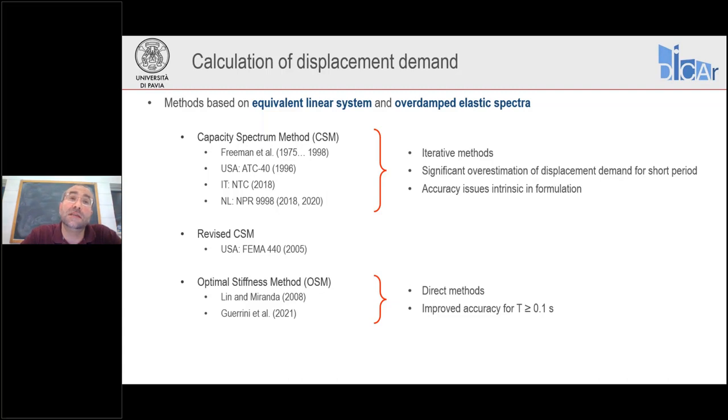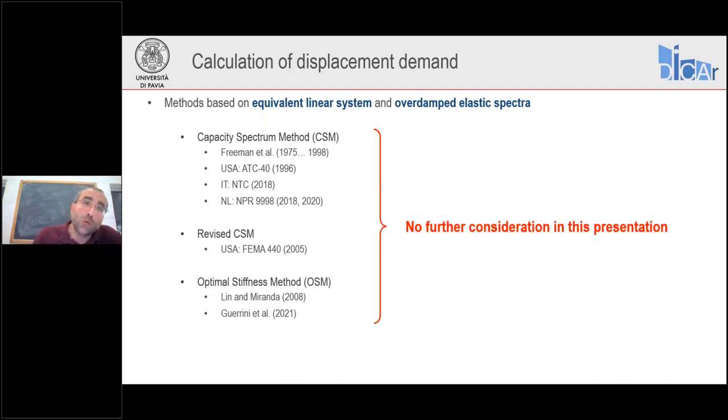And this accuracy issue, unfortunately, is intrinsic in the formulation. So with these optimal stiffness methods, which are instead direct, so they don't require iterations, these inaccuracies have been improved for periods down to 0.1 seconds.